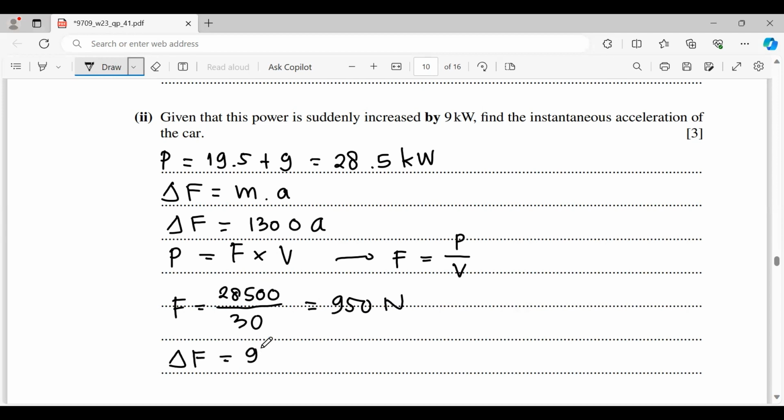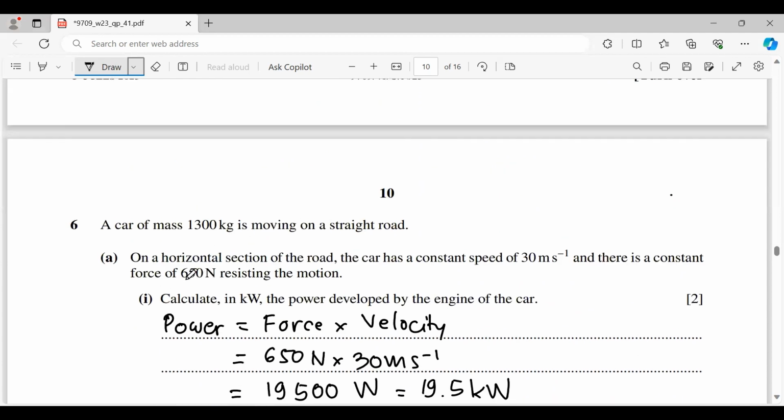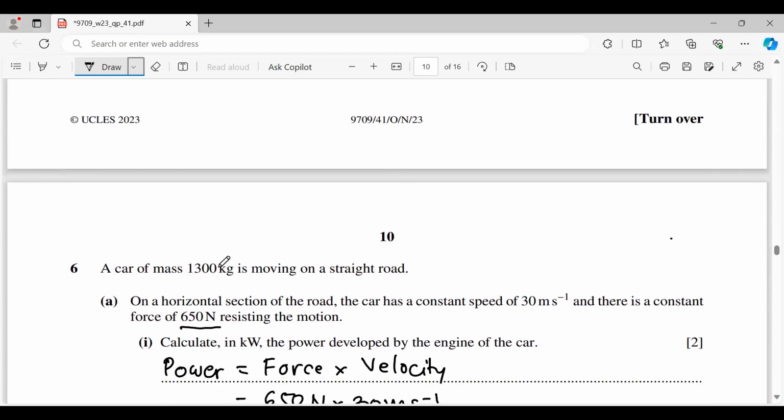So delta F equals 950 newtons minus 650 newtons, based on the question here. Okay, this one, constant force.